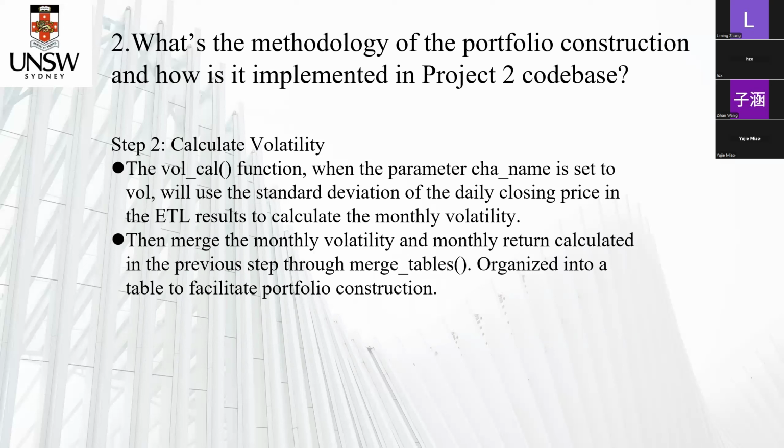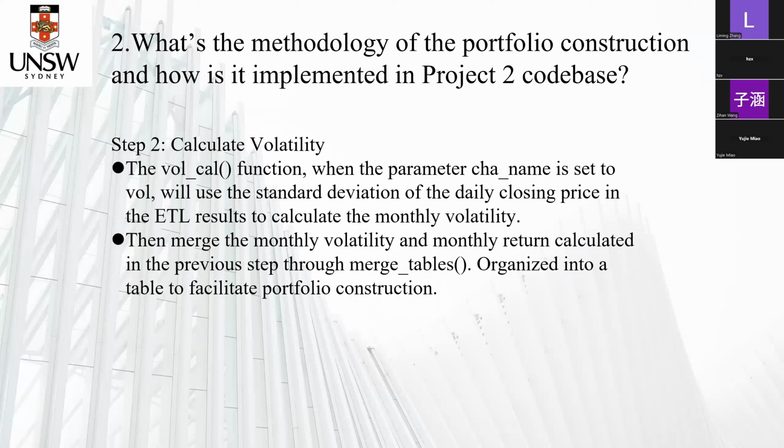The vol_cal function, when the parameter chart name is set to VOL, will use the standard deviation of the daily closing price in the ETL results to calculate the monthly volatility. Then merge the monthly volatility and monthly return calculated in the previous step through merge tables. Organize into a table to facilitate portfolio construction.